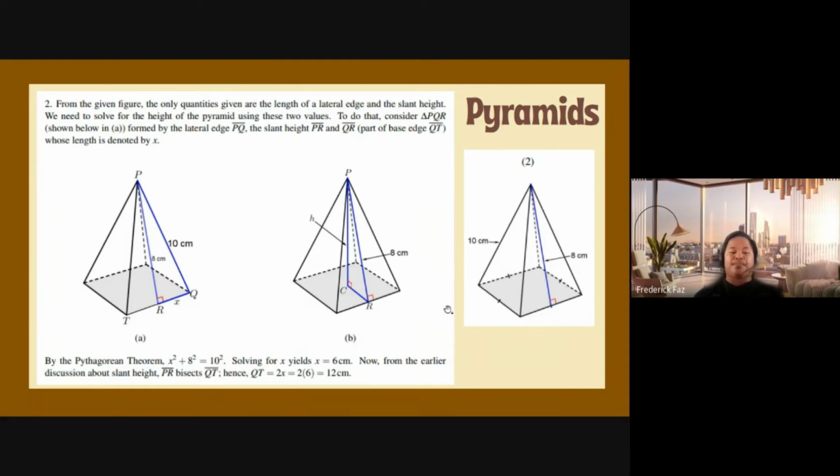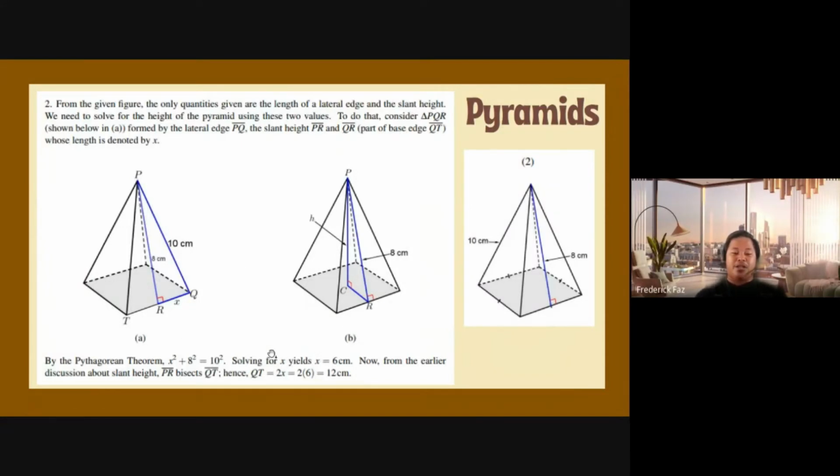So, we have here an illustration. In this example, we can solve the length of x using the Pythagorean theorem since our slant height, as mentioned earlier, is perpendicular from the base edge to the common vertex of a pyramid.